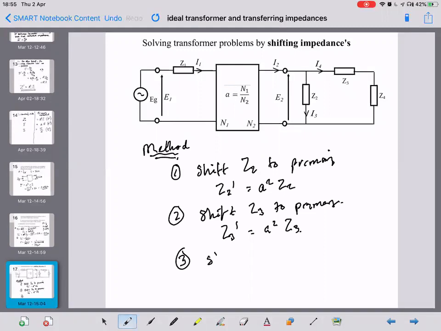And thirdly, shift Z4 to primary, where Z4 dash is equal to A squared Z4. So in other words, we shift all of the secondary side components over to the primary and make them whatever their value is dash by multiplying by the transformer ratio squared.